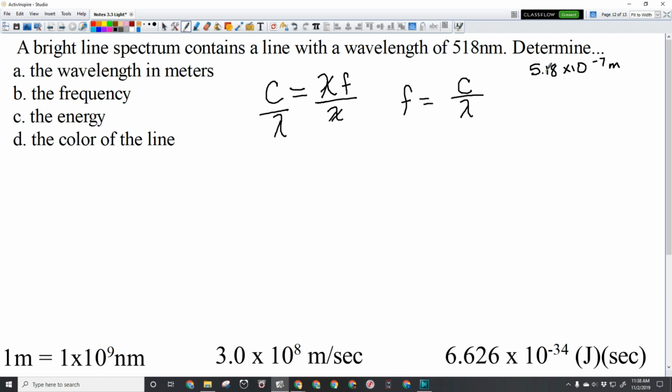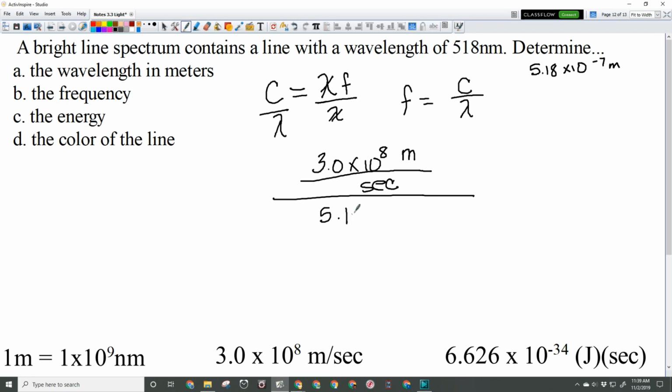If this is the wavelength here in meters, I'm going to use this calculation along with the speed of light. The speed of light is 3.0 times 10 to the 8th meters per second, all divided by the wavelength, which is 5.18 times 10 to the negative 7th meters.